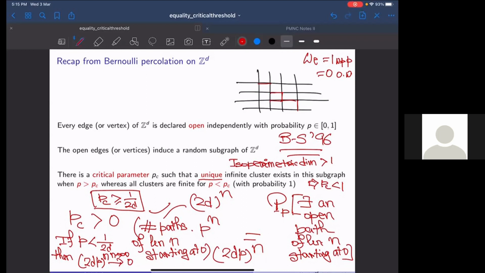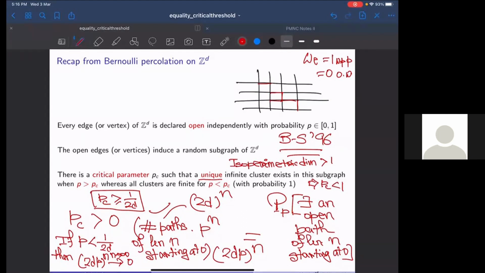Anyways, we'll not talk about that. The take-home message from this first slide is that whenever you see a percolation problem, and we'll face new percolation problems as we go along, the first question you should ask is whether the phase transition is non-trivial, whatever that means.